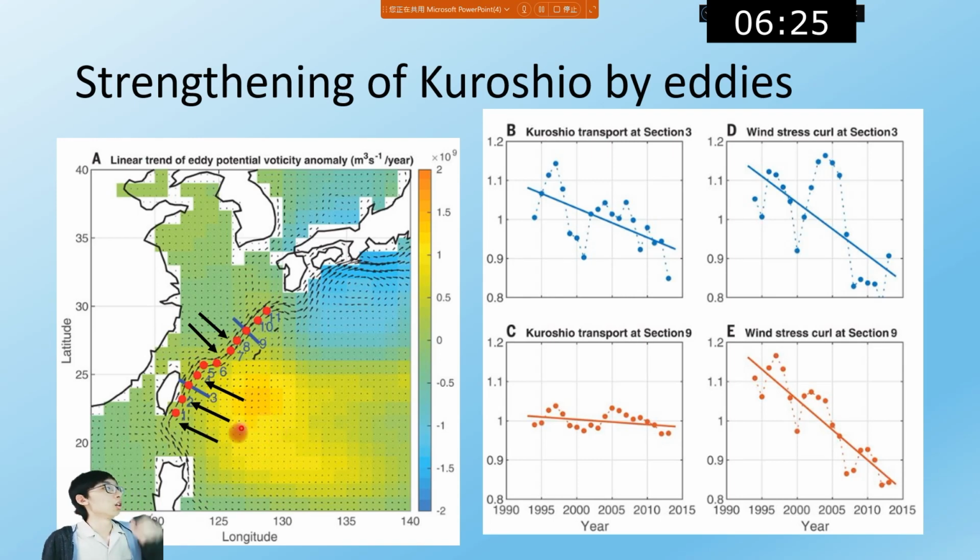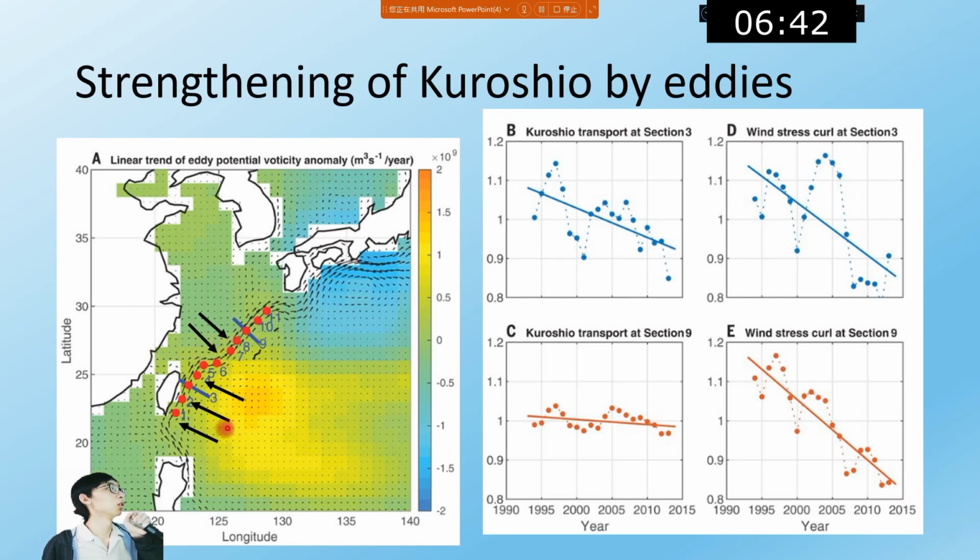And this indicates the positive PV anomaly here is stronger than this negative one.